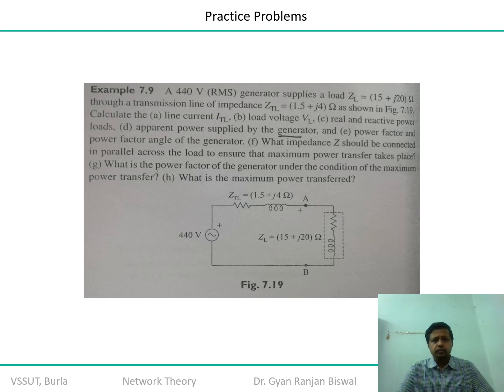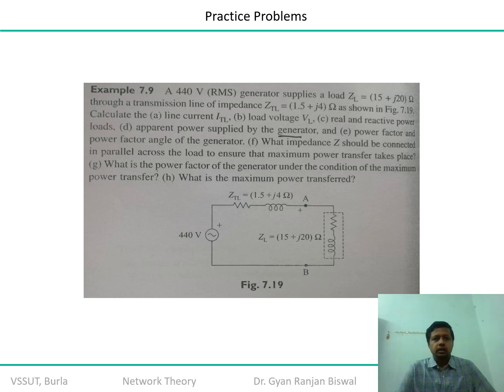A 440 volt RMS generator supplies a load of 15 + j20 ohm through a transmission line impedance of 1.5 + j4. Remember that the Thevenin impedance of the transmission line circuit is far less as compared to the load impedance. The point to be noted.